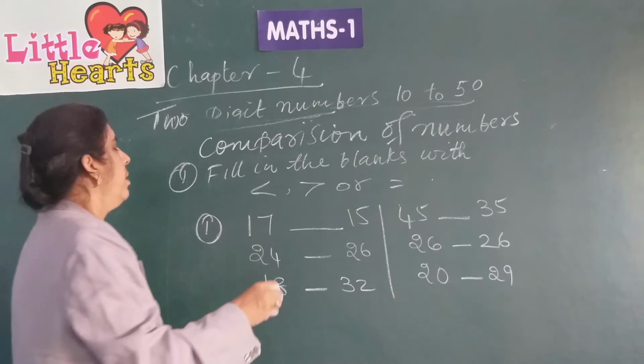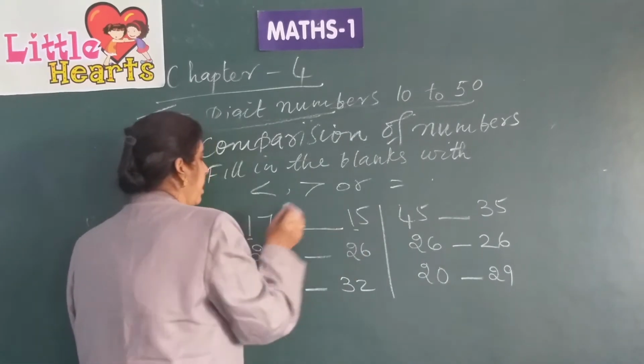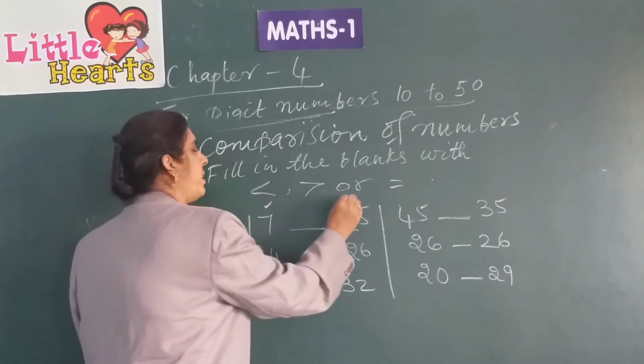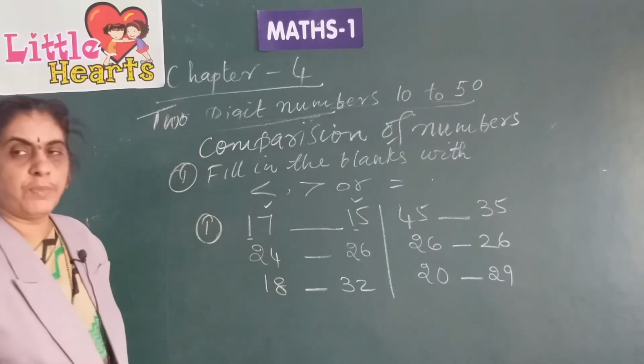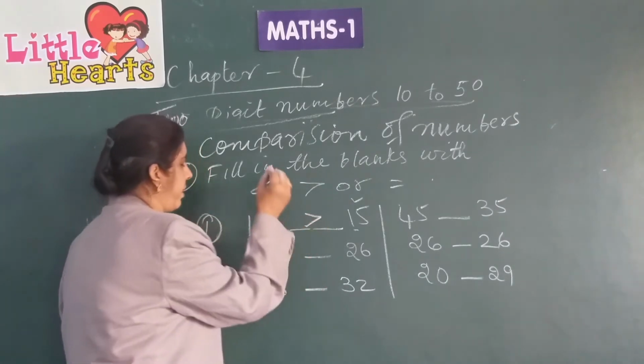See here, first always start comparing with the tens place digits. When both the tens place digits are the same, then compare 7 and 5. Which is bigger among 7 and 5? 7 is bigger, so put greater than.